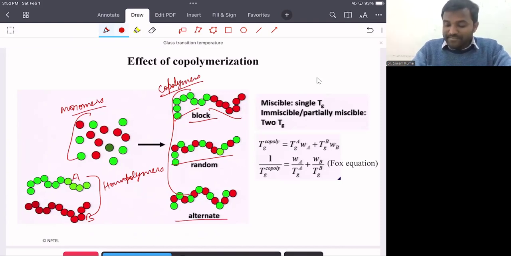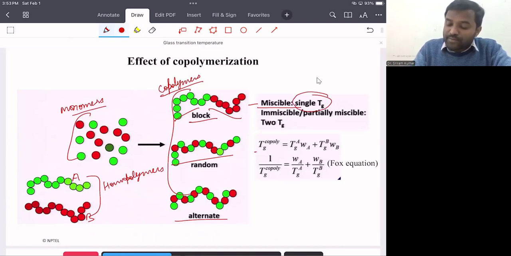So based on this, we can have the glass transition temperature. So we have conditions if these polymers are miscible. Suppose you develop these polymers and you're just mixing them together, and if these polymers are miscible, in that case you will get a single glass transition temperature.